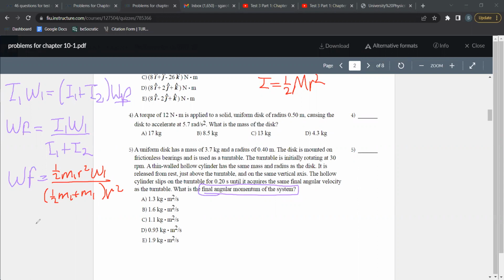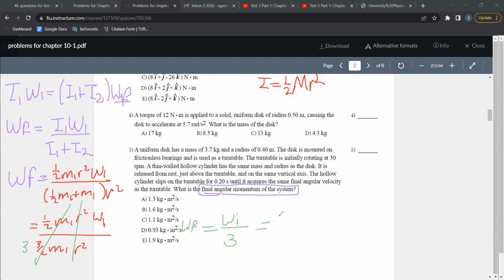If we add these two together, we're going to get the same thing on top, m1 r squared, over, and you add these together, you get 3/2 m1 r squared. Now you can cancel out this, and you'll be left with a 3 on the bottom, which will equal your angular momentum initial over 3, which is going to be your angular momentum final.